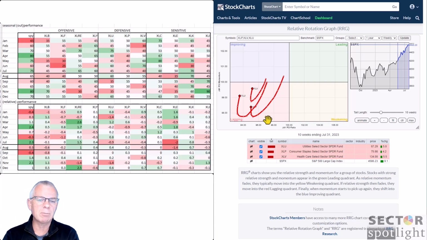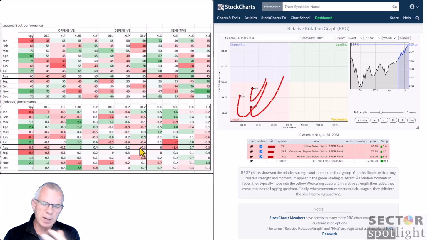They're all three now positioned inside the lagging quadrant, but as you can see, recently they started picking up a little bit of momentum. If we look at the seasonal behavior of these three sectors, then you can see that August is not a fantastic month. And also from a relative performance point of view, they're not showing any particularly serious performance figures that could entice me to do something with those sectors.